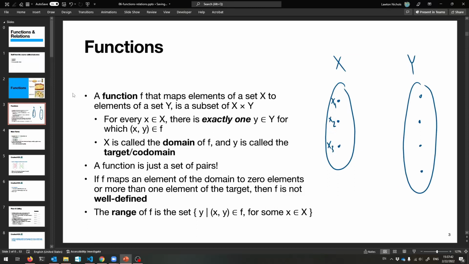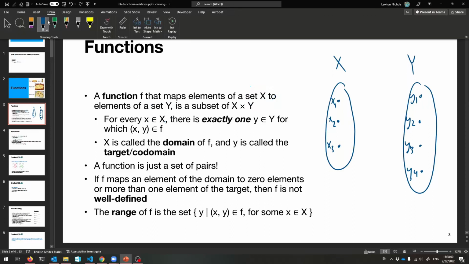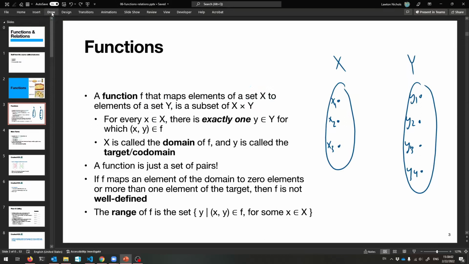Let's say that this is the entirety of set x, and then here is the entirety of set y. It has four elements. A function is just a mapping. You take elements of one set to elements of another set, potentially the same set, doesn't really matter. A function is just a mapping from one set to another.